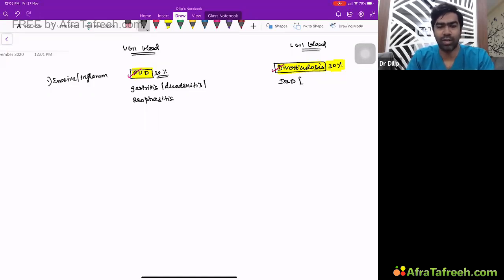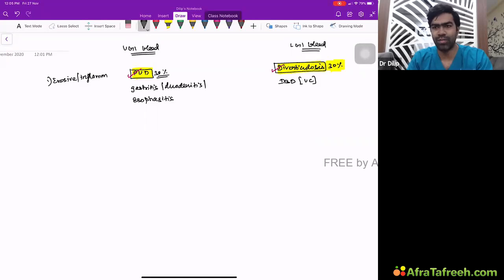But which IBD usually causes lower GI bleed? Is it ulcerative colitis, or is it Crohn's disease? Ulcerative colitis or Crohn's disease? Yes, ulcerative colitis. Ulcerative colitis is the one that typically causes lower gastrointestinal bleed, and Crohn's disease most often comes with diarrhea, constipation, strictures, pain, mass.